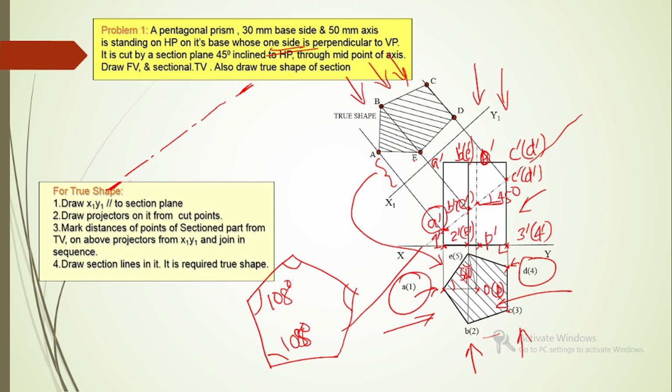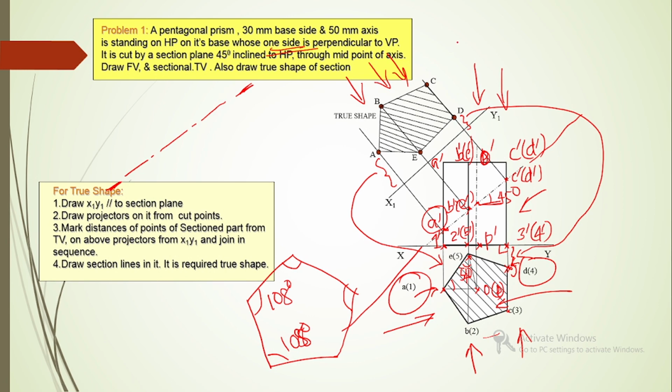Similarly, we can represent capital E, capital B, capital C and capital D by transferring the distance between the XY line and the corresponding point on the top view. Here the distance between x1 y1 and D must be equal to the distance between the XY line and small letter D.